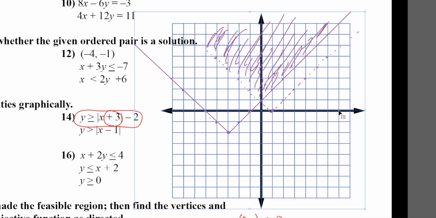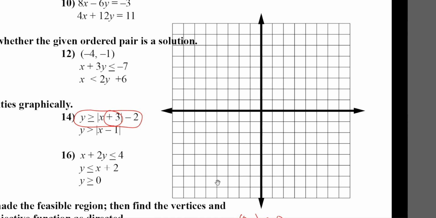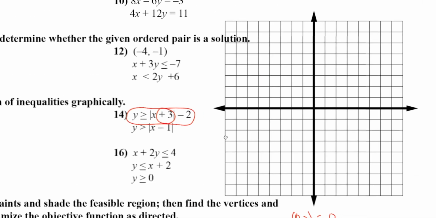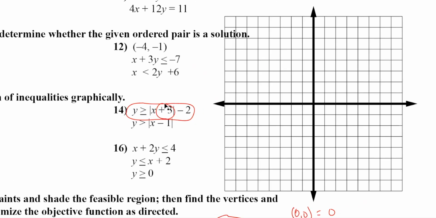There we go. All right, which one are we doing? Number 15? Okay. Negative x plus 1. So this one's not an absolute value, right? It's just negative x plus 1. So the y-intercept is 1.